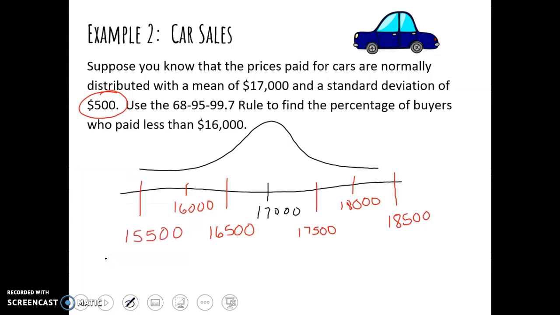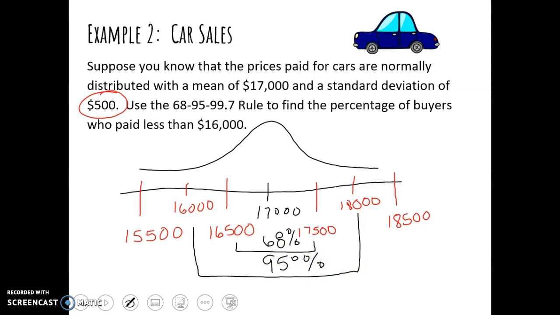Now if we want to add in our percents, approximately 68% of the data falls between 16,500 and 17,500. Approximately 95% of the data falls between 16,000 and 18,000.